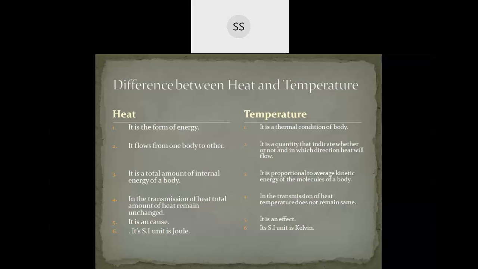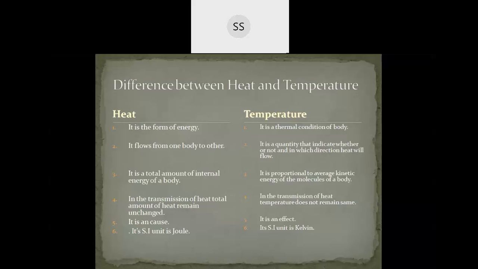Fourth difference: in the transmission of heat, the total amount of heat remains unchanged. Heat is the sum of kinetic energy plus potential energy, right? If the kinetic energy is decreasing, then the potential energy will increase.